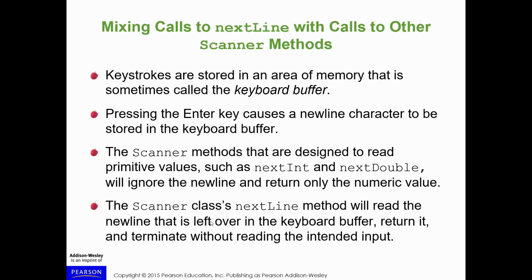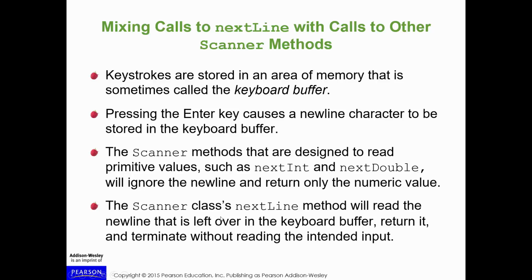When you work with reading in strings using a Scanner, you can run into problems. All right? As it says here, keystrokes, when you key something in, are kept in an area of memory that's called the keyboard buffer. When you press the enter key, you're telling the system to basically store a new line in the keyboard buffer.